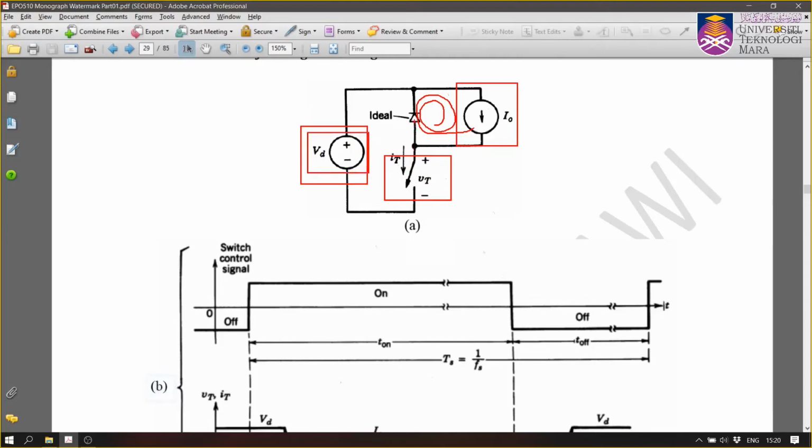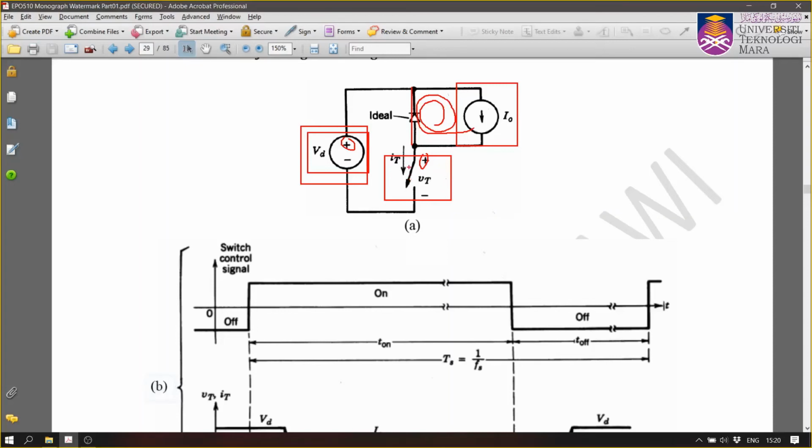When the device is off, the diode is on, so current will flow in that direction, and therefore this diode will be short circuit. Therefore this point will equal that point, the terminal. So VT will equal VD during the off state.